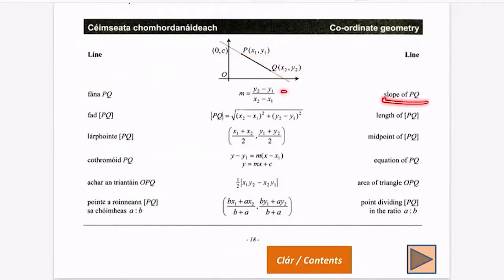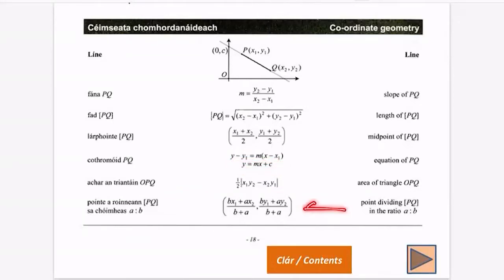If I'm asked a question about the slope, I use that formula. If I'm asked for the length of a line, it's this formula. Midpoint is this formula. To find the equation of a line, I use the top one, y minus y1 equals m times x minus x1. If I'm given the equation of a line and I have to do something with it, I'll use the bottom one, y is equal to mx plus c.